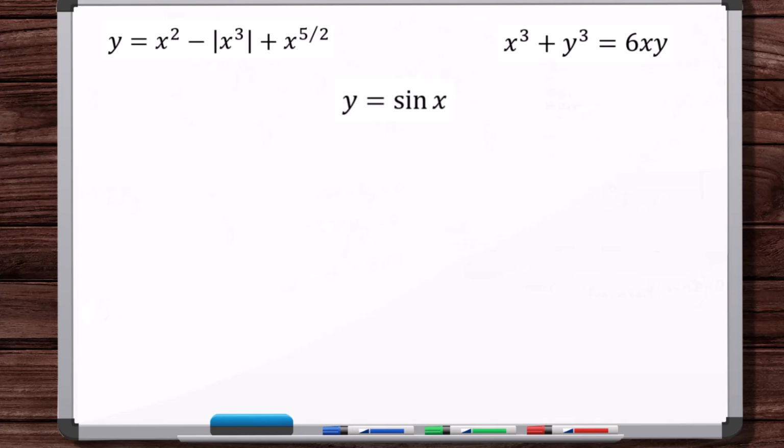Okay, we now have a thorough understanding of how graphs are transformed. So graphs of functions like shown here, or a relation like shown here. So any kind of equation, we now have a thorough understanding of how the graphs are transformed.